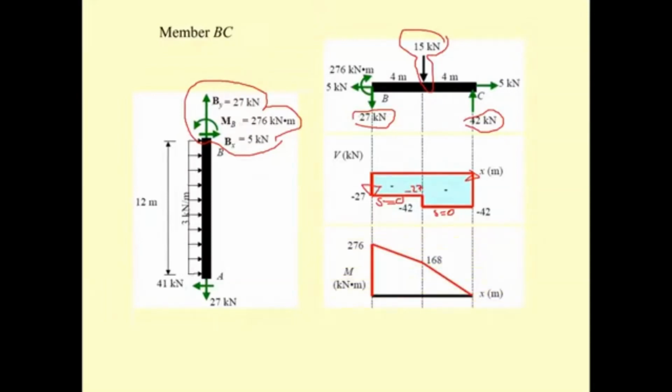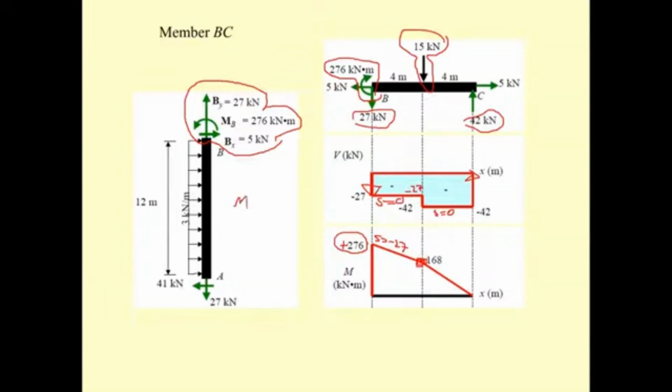Next, the moment diagram. This is a clockwise moment, so it's going to produce a positive moment here, and then we have this one for 27, so the slope here is going to be minus 27 until it reaches here. What is the value of the moment M here?